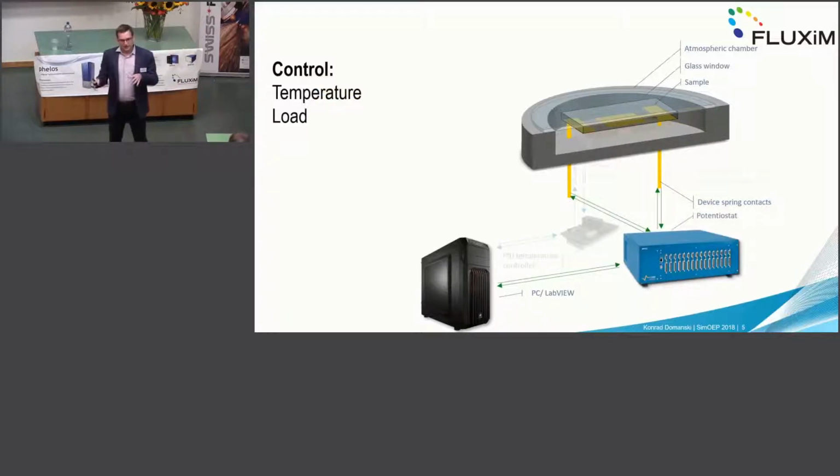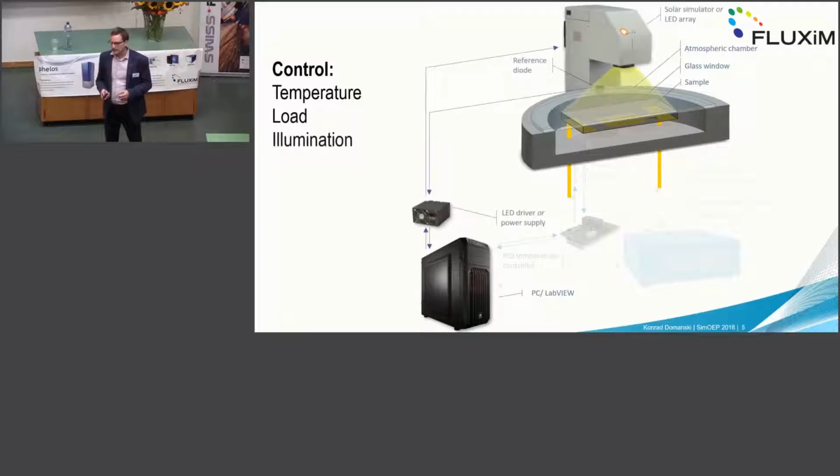Then each channel, or each pixel, each device on our substrate, is connected to a separate channel of the potentiostat. And like that, we can keep the device at the desired conditions, be it maximum power point or constant voltage, constant current, JSC, VOC. We're pretty flexible here. Then the next subsystem is control of the illumination.